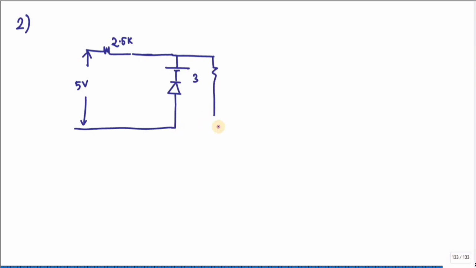And this is nothing but a positive clipper, right? And the total voltage of this one is 2.3. And since it is 2.3, it should not go above 2.3. And the negative value is minus 5 volt, right?